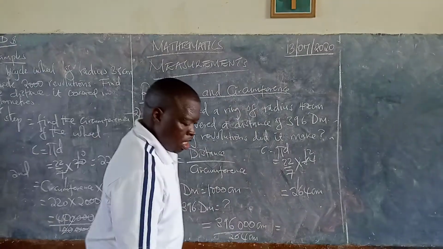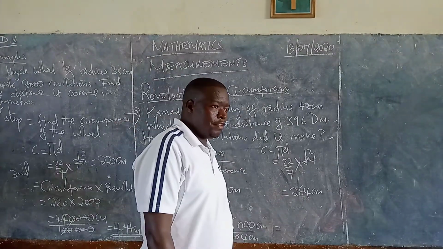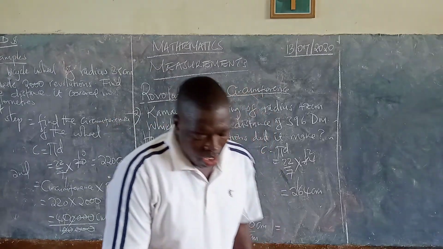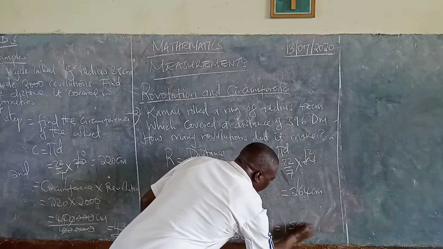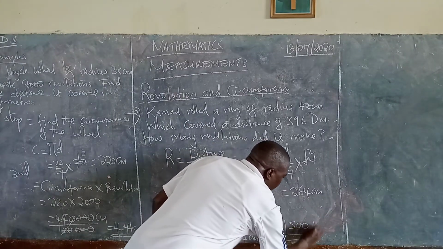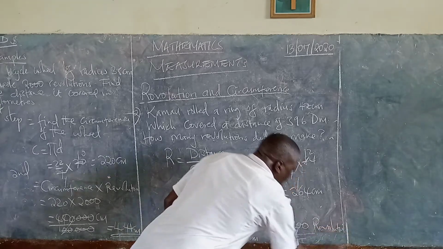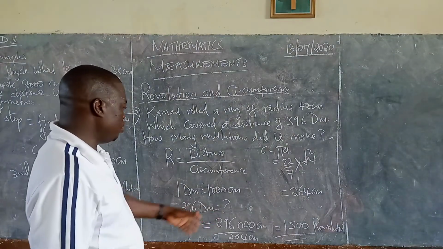Learners, in 5 seconds, I want you to divide this. After dividing, you'll have 1,500. These are the number of revolutions.